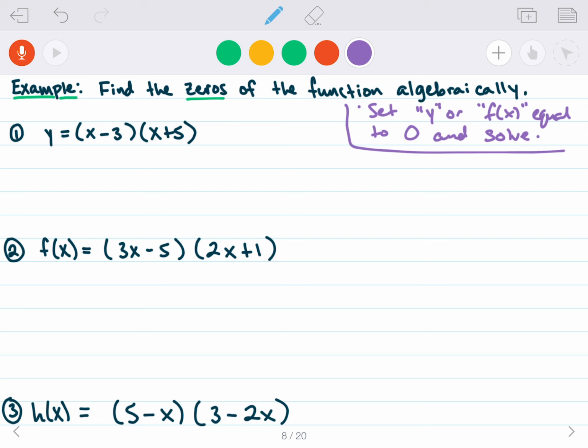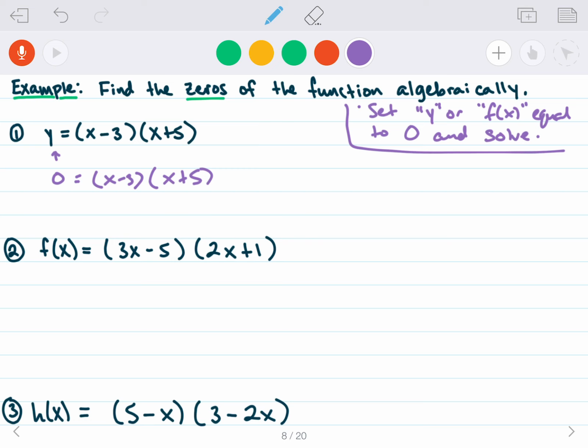So here, our y, we're going to set equal to 0, and we have 0 is equal to something times something else, and we want to solve for x.